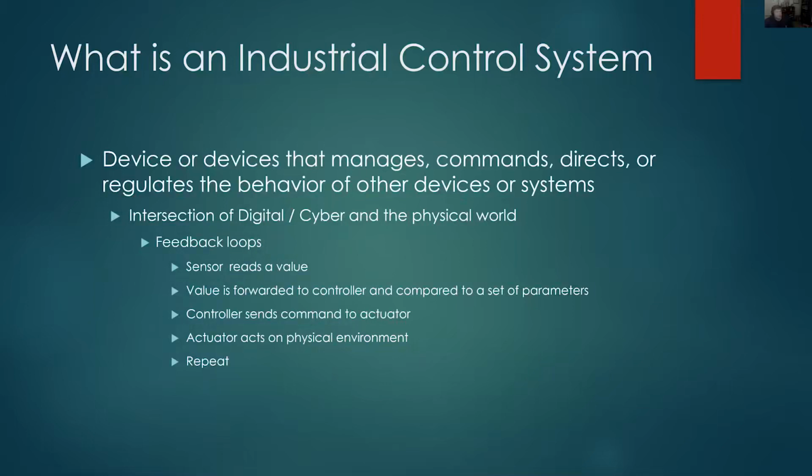If they exceed the parameters in some way, then a command is sent back to the actuator to bring things back in line. Sensor reads the value again, and this just continues on an ongoing basis.